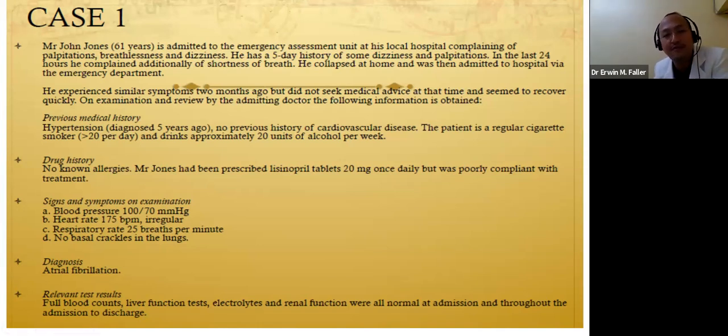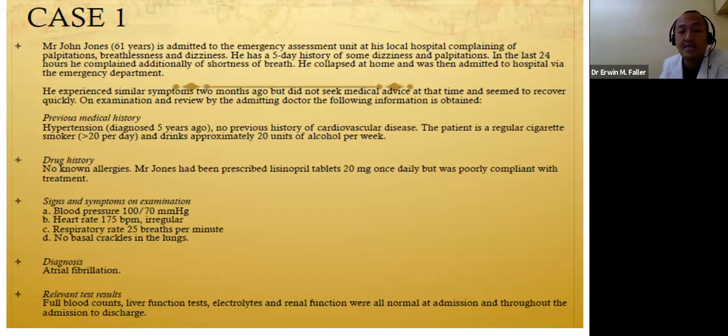In the last 24 hours, he complained additionally of shortness of breath. He collapsed at home and was then admitted to the hospital via the emergency department. He experienced similar symptoms 2 months ago, but did not seek medical advice at that time and seemed to recover quickly. On examination and review by the admitting doctor, the following information is obtained.